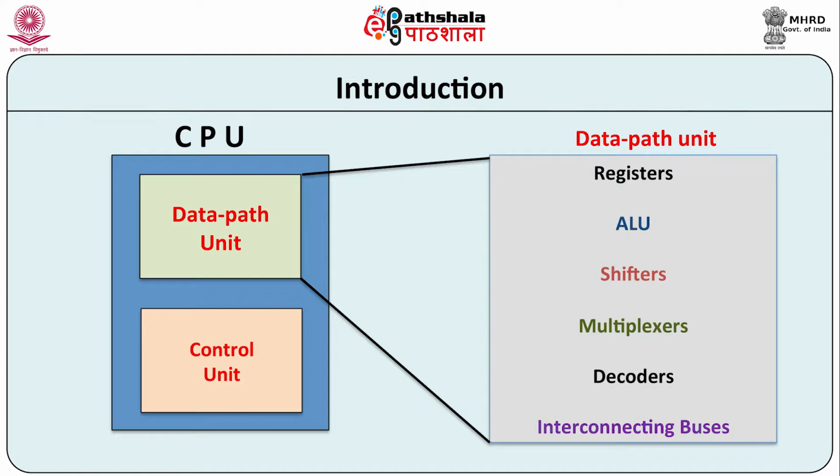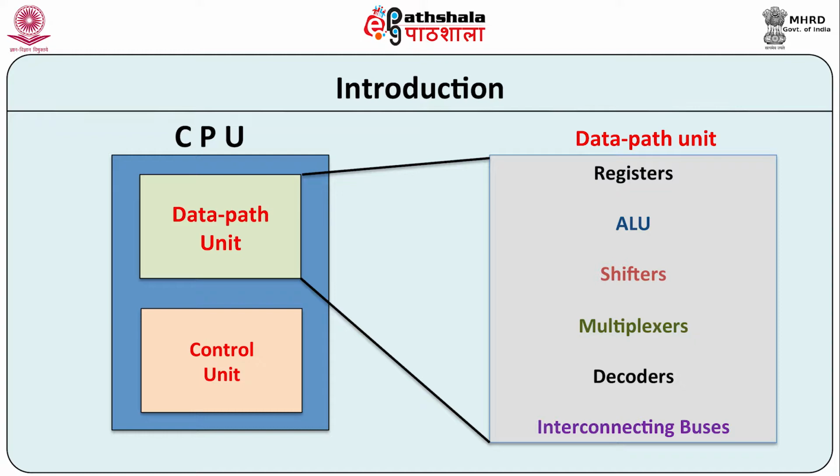The data path includes the ALU, registers including the program counter, memories and multiplexers used in processing elements of the processor. All these operations of the data path depend upon the instruction encountered. The coordination among these components is the task of the control unit. Some components of the data path may feed certain signals back as status signals to the control unit, using which some conditional instructions might be executed.